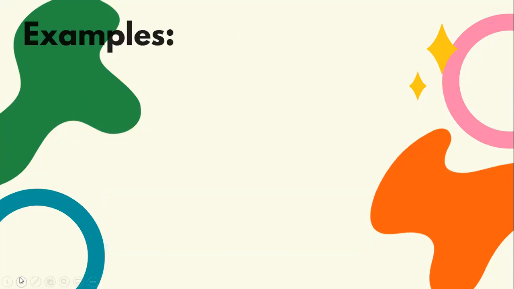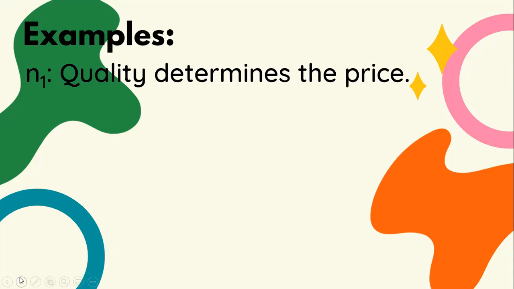Okay. Let's have the conjunction. Okay, examples muna. Quality determines the price. How are you going to negate this statement? Yes, Melvin? Quality does not determine the price. Yan. Quality does not determine the price. Okay.